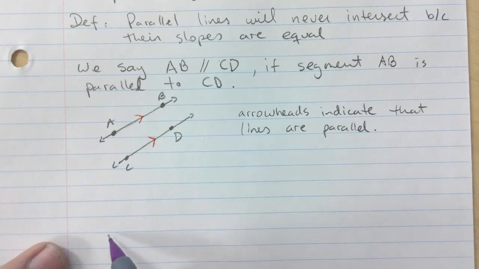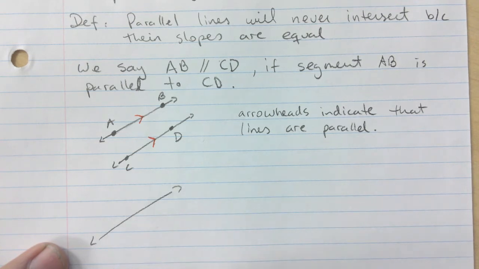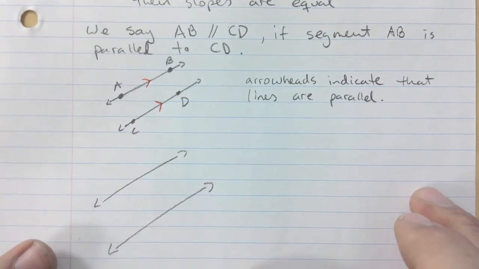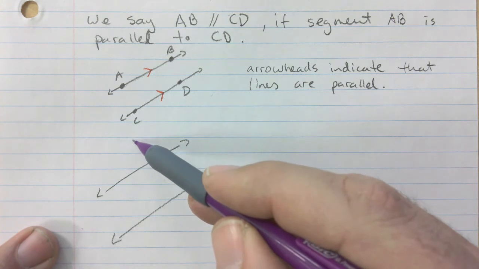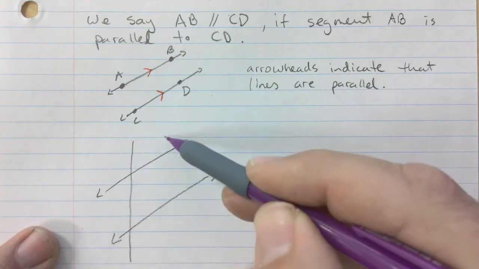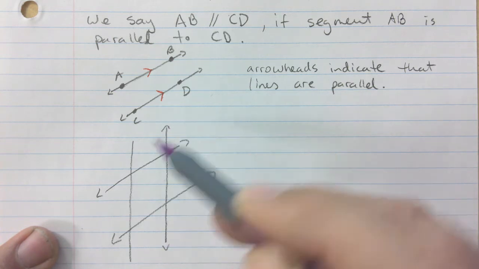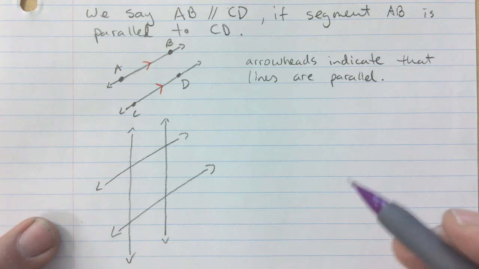So you could also have a scenario where you have two lines going this way. Oh, sorry. Two lines going this direction and then two lines going in this direction. And this can vary greatly, okay? I will try to give you as many examples as possible.